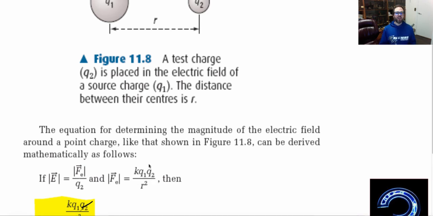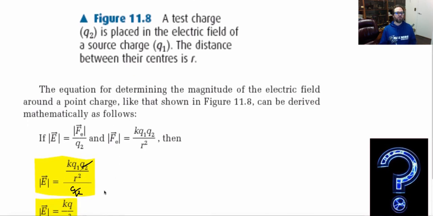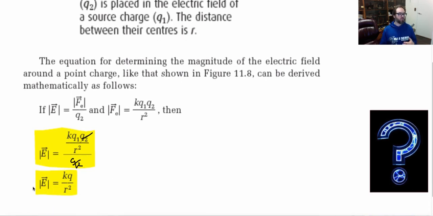So if I substitute my equation for electrostatic force, I'm going to get something that looks like this. And here we notice my point charges cancel off. So we just alter the equation: the electric field is equal to Coulomb's constant multiplied by my source charge, divided by the radius squared.